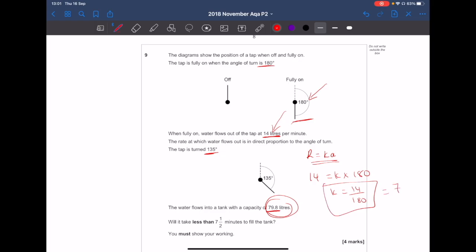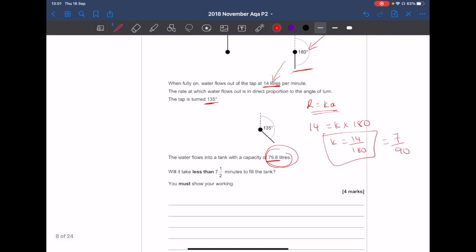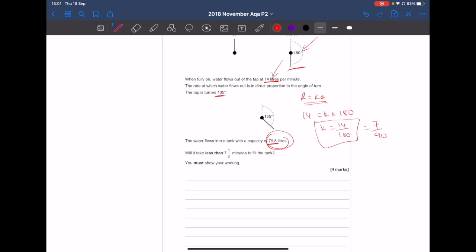In fact, 7 over 90 to simplify it. So 7 over 90 is K. So the rate is 7 over 90 times the angle. So if the angle is 135, the rate is going to be 7 over 90 times 135.